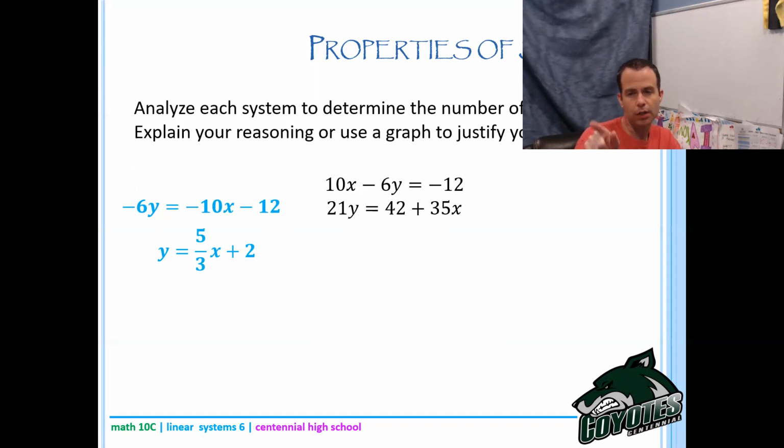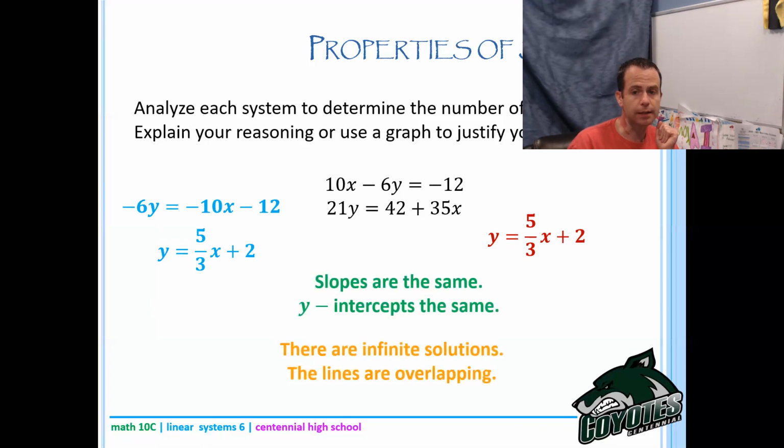Okay, now the other guy, the 21y equals 42 plus 35x. I need to divide everything by 21. And when I do that, I get 5 over 3x plus 2. So now I see I have the same slope and I have the same y-intercept. Okay, so these guys are overlapping lines and there are infinite solutions.